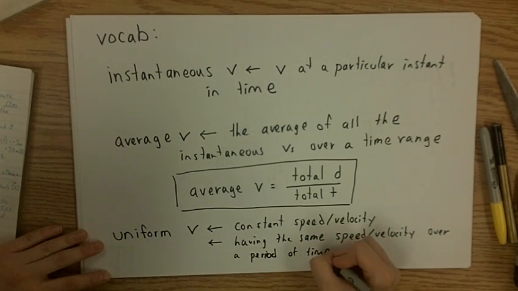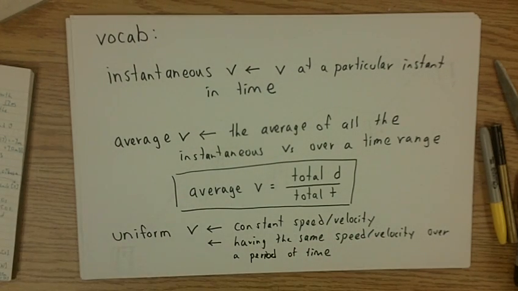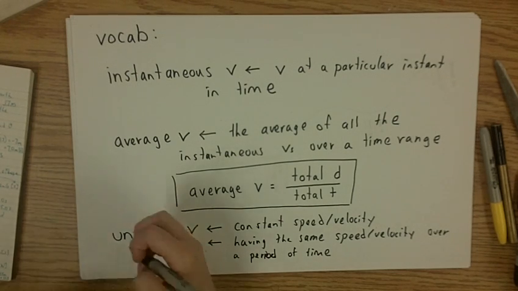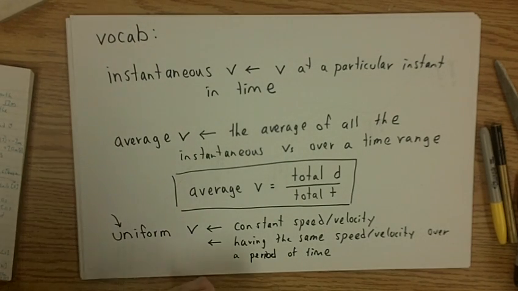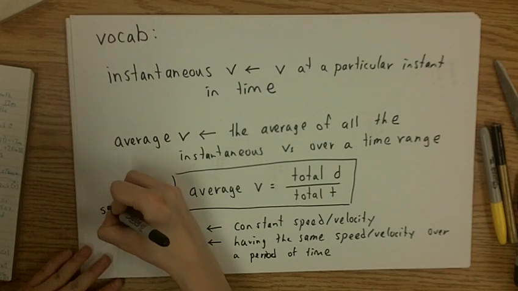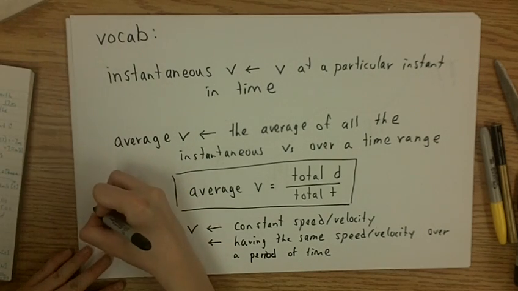This is a little bit like if you're going to put your car into cruise control. You want to keep it at the same speed for quite a while. That means you have a uniform speed. The word uniform is like wearing a uniform. If you wear a uniform, everyone's wearing the same thing. Uniform means same.